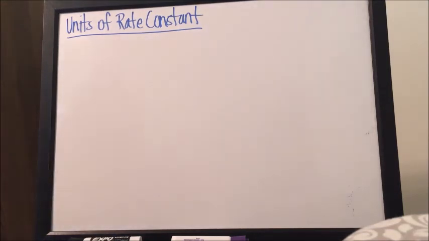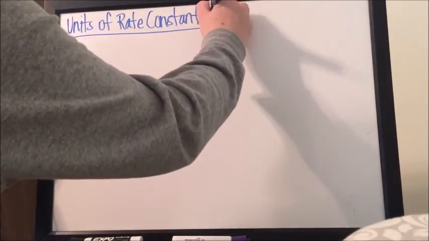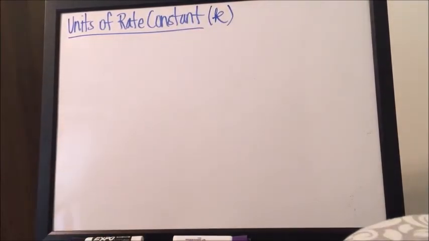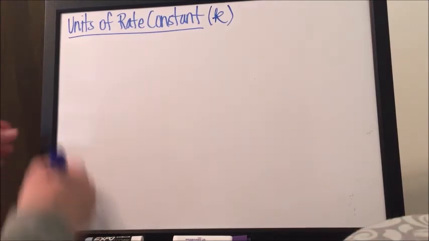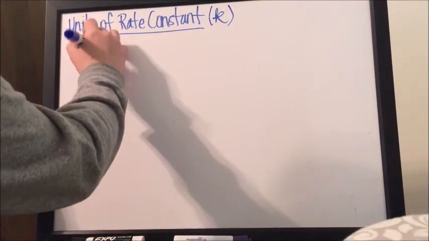Okay, so continuing down your page, we are now on units of the rate constant. And so this is a little bit of an interesting discussion. And again, the rate constant is K. We don't know how to solve for K yet. That's okay. We're learning this kind of piece by piece. But what's important here are units.